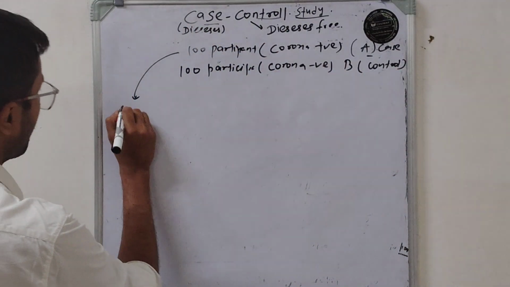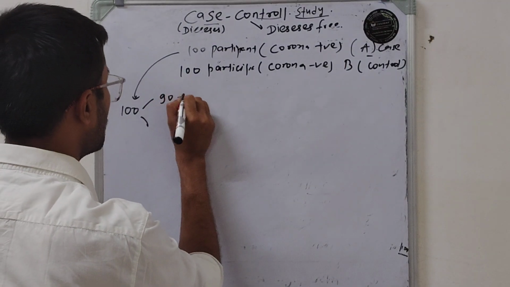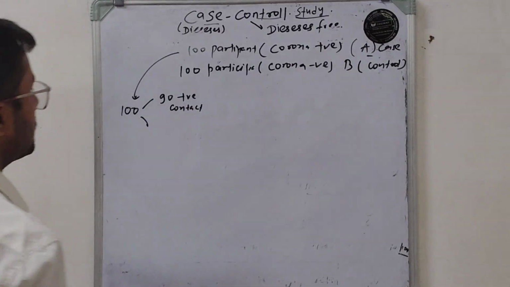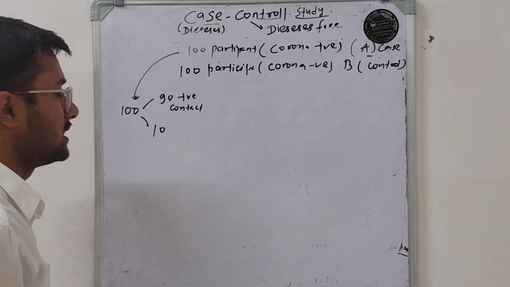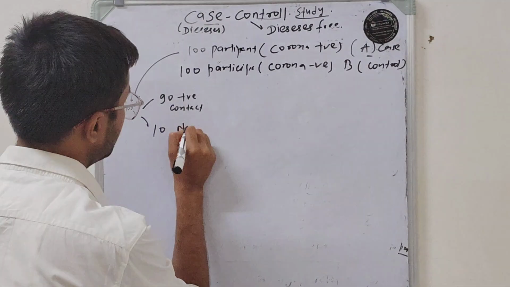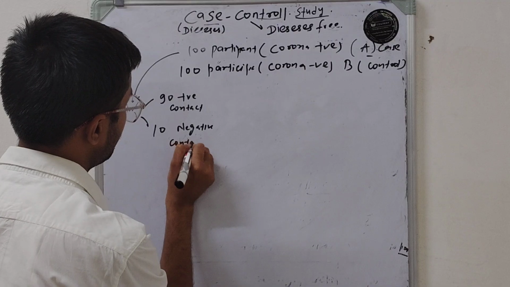So in 100, 19 say positive contact history, and 10 say no, they did not come in contact with any infected person. So 10 give negative contact history.